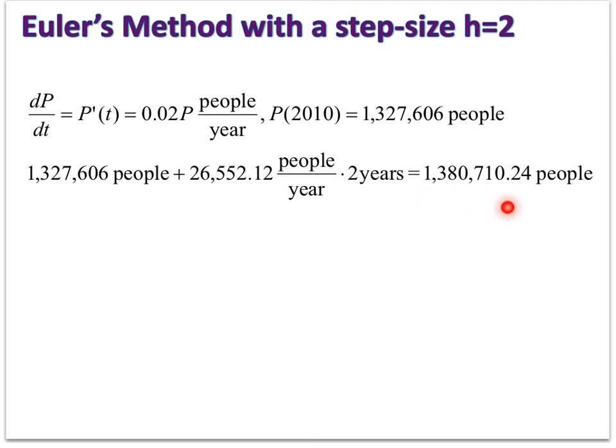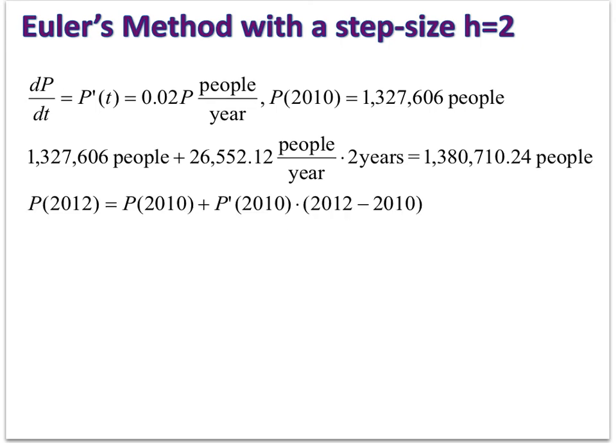So once I get a prediction method, I could say, why would I go from 2010 to 2012 by going through 2011? Why not just change my step size to 2? Meaning now I'd take my 2010, I'd still find my change, but now I want to know what's going on in 2012, so my step size changes to 2 years.